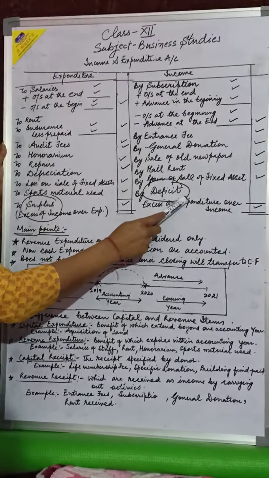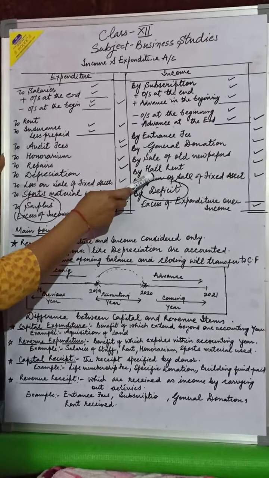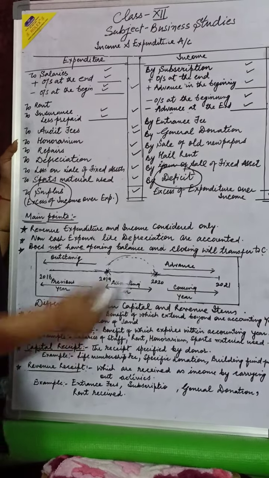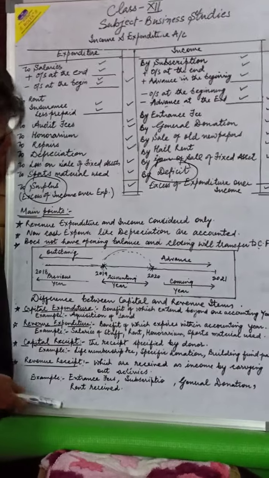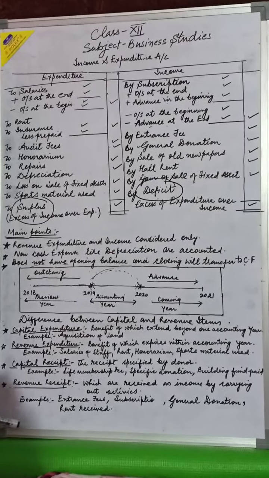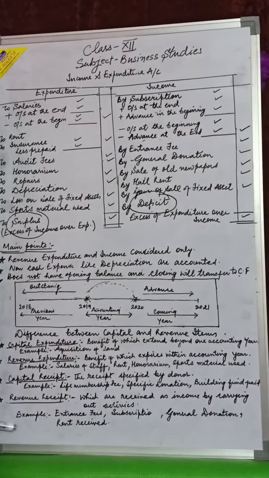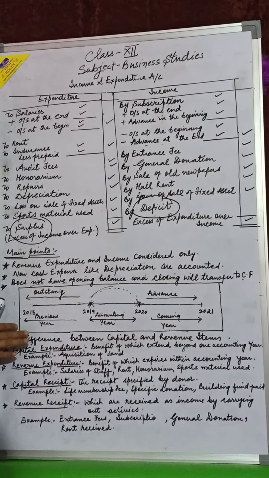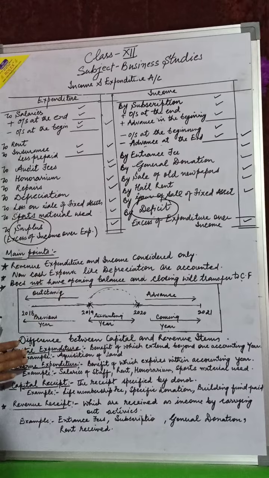If rent is received, suppose here the hall rent, it means the receipt of rent is coming, so it will come here. So these are the items of revenue receipts. With the help of this, you can understand how you are going to put all the items of the income and expenditure. Thank you.